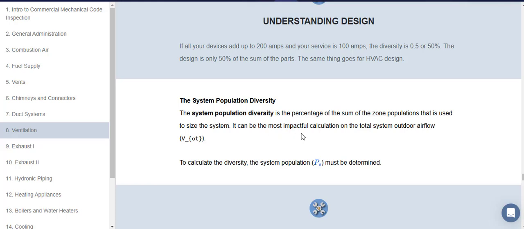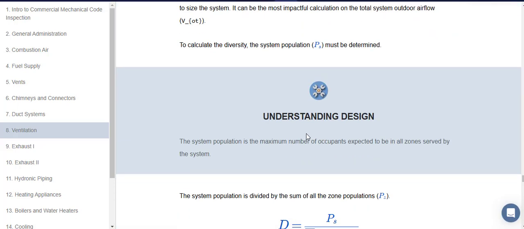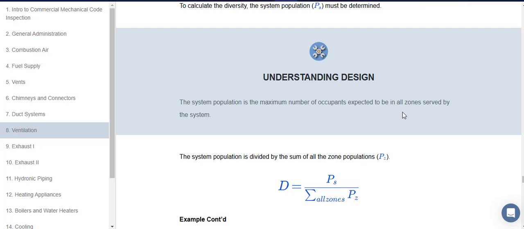It can be the most impactful calculation on the total system outdoor airflow, Vot. To calculate the diversity, the system population Ps must be determined. Understanding design: the system population is the maximum number of occupants expected in all zones served by the system.